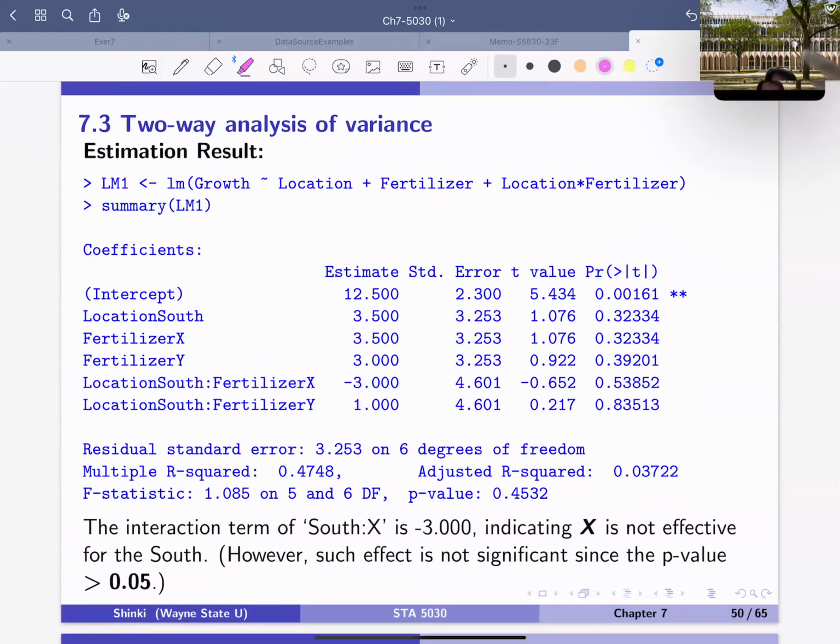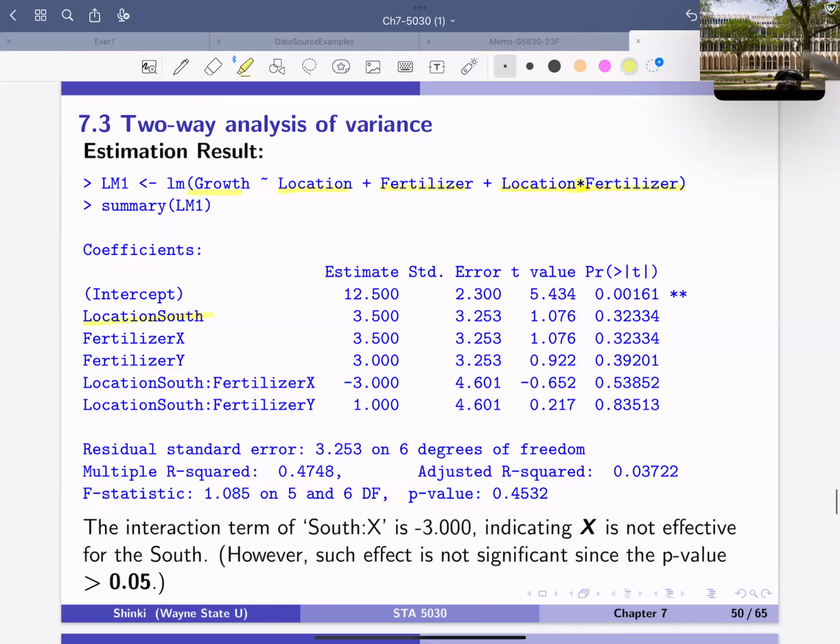And here is the way to fit this. So growth is the response variable, and location is the first factor, and fertilizer is the second factor. And location times fertilizer, we just combine this. We multiply these two by this asterisk symbol. Then you get this.